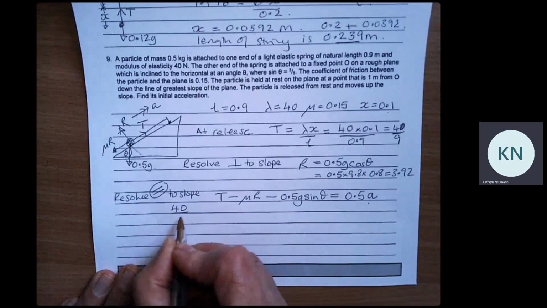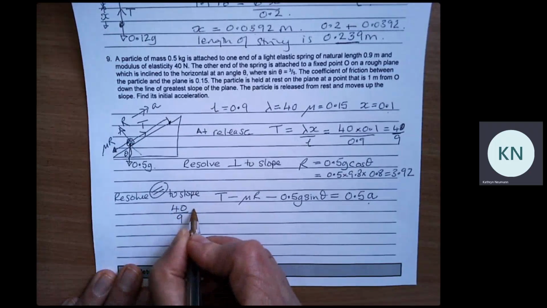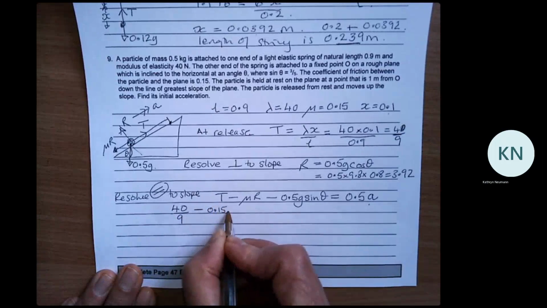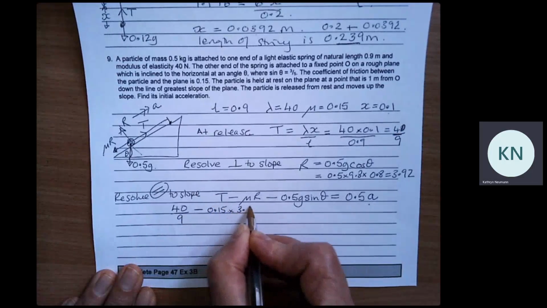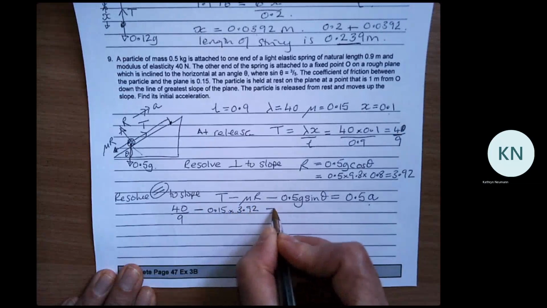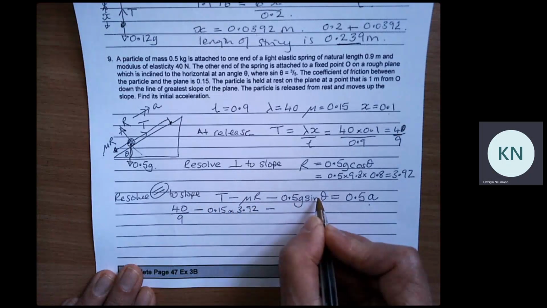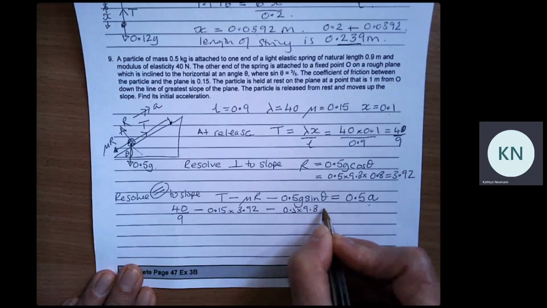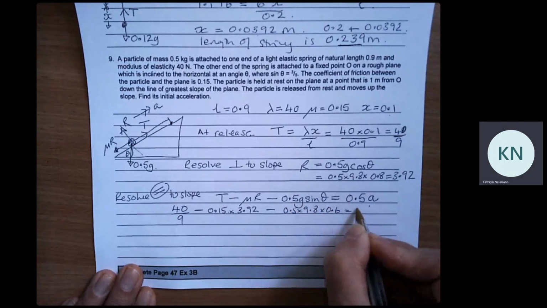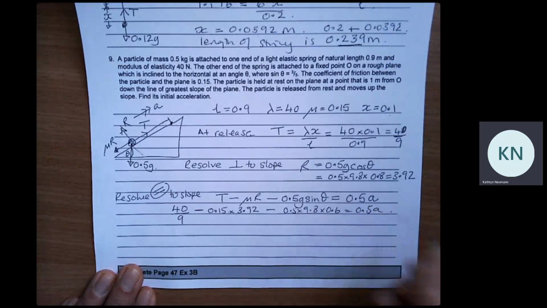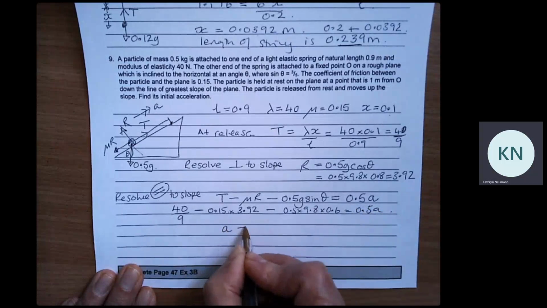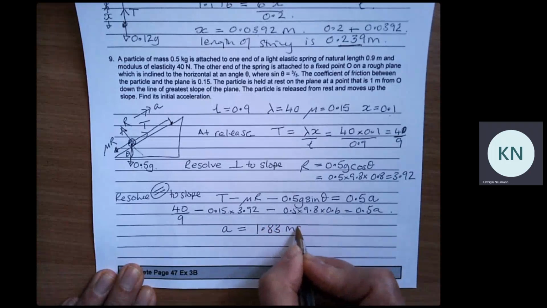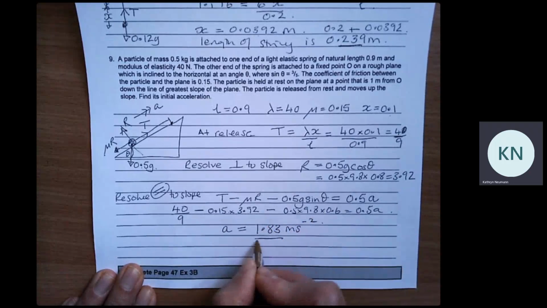The tension in the string we know is 40/9, minus mu, which is 0.15, times R, which is 3.92, minus 0.5 times 9.8 times 0.6, is 0.5a. So when I work all of that out, a is 1.83 meters per second squared.